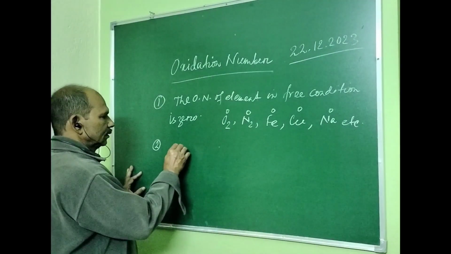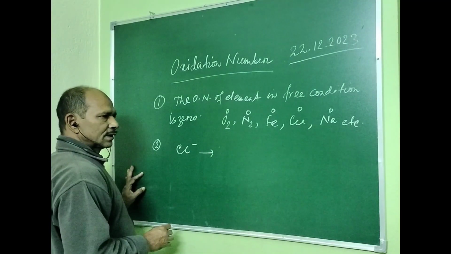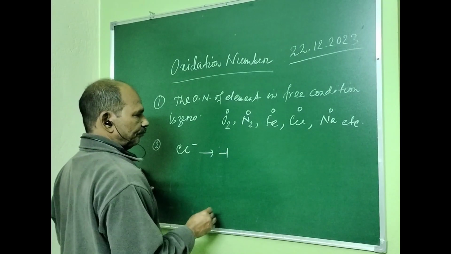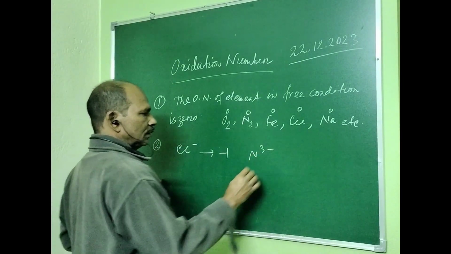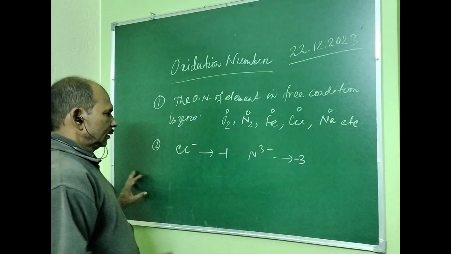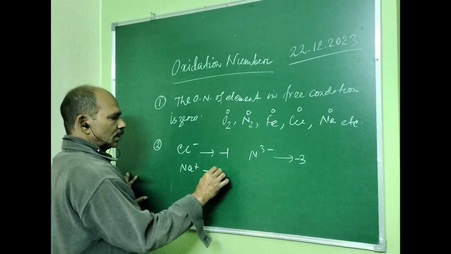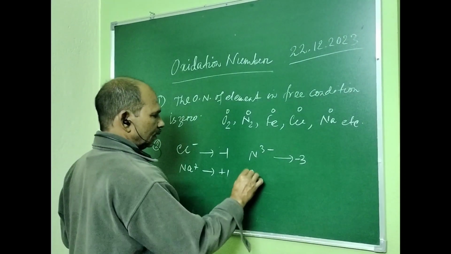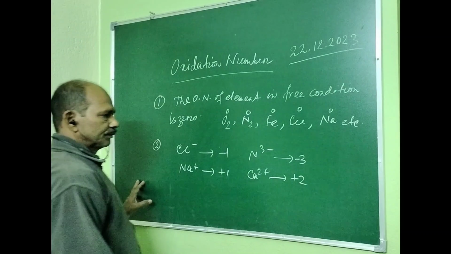That means for Cl minus, the oxidation state of chlorine is -1. N3 minus, nitride ion, the nitrogen is -3. Similarly, Na plus, the sodium is in +1 state, calcium 2 plus is in +2 state, etc.